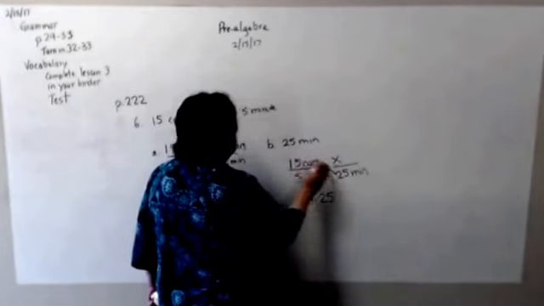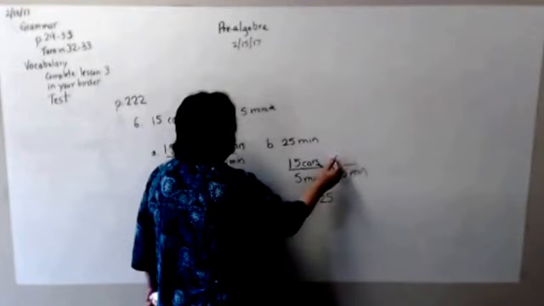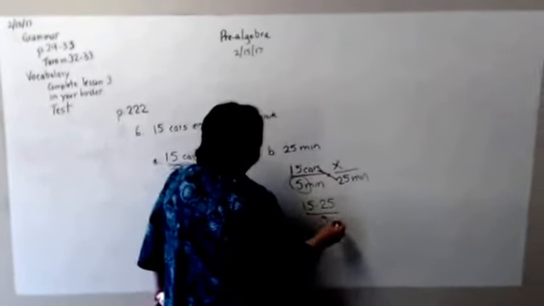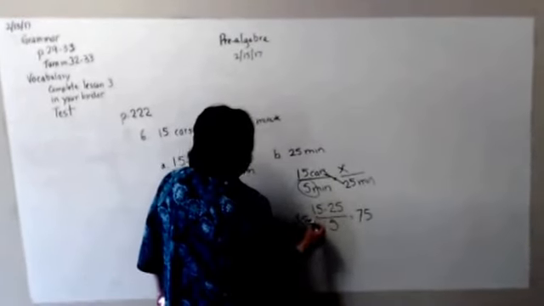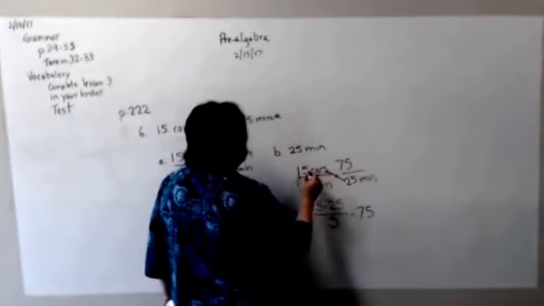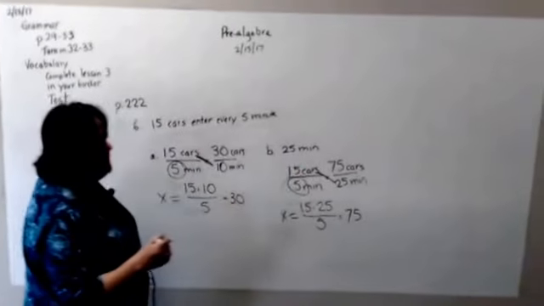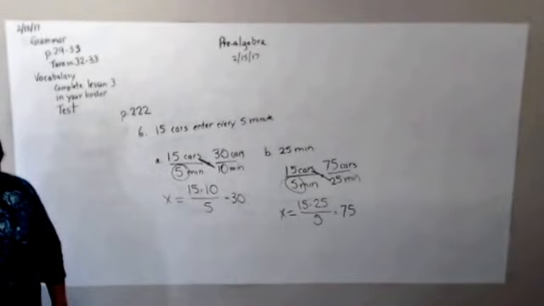You multiply the pair that you have. This one doesn't have a pair, so you divide by your odd man out, by 5. I got 75. X equals 75, and we see that it's 15 cars, so it's 75 cars. Does that make sense? Yes, ma'am.